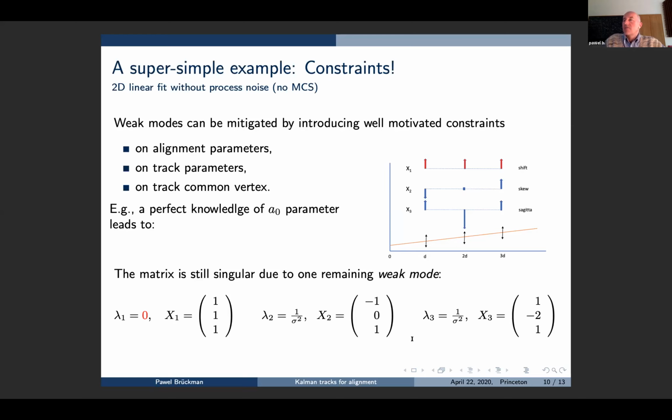These are actually rather trivial, and I'm not discussing them here because they are sort of external to the tracking realm. They are applied at the alignment solving stage. However, we can introduce constraints on track parameters or on track common vertex.